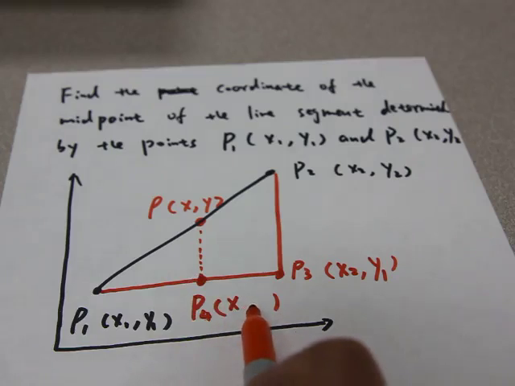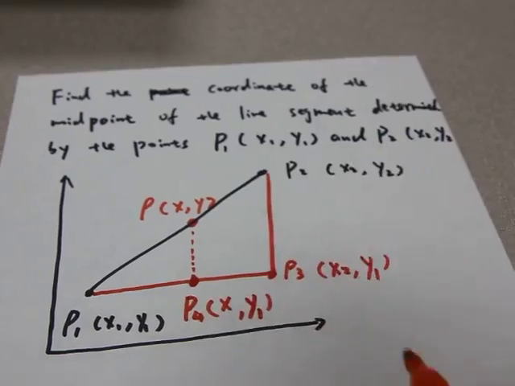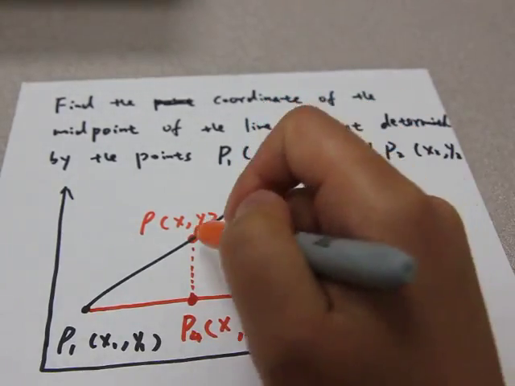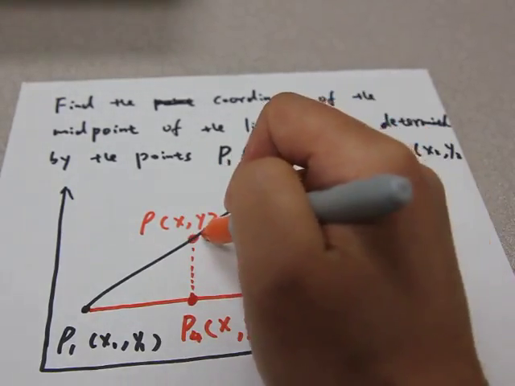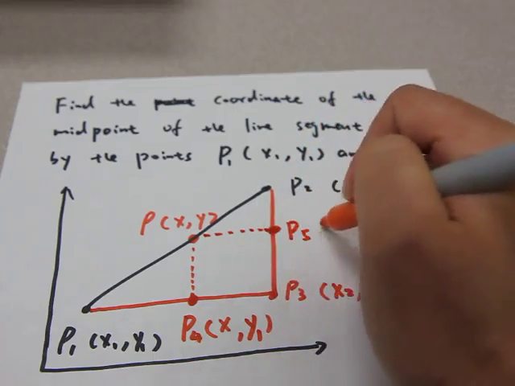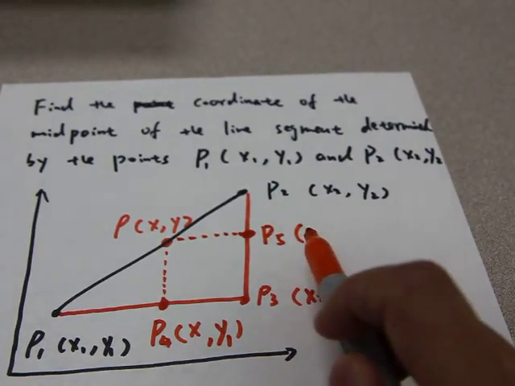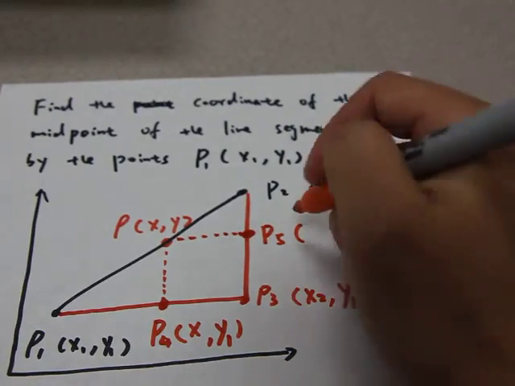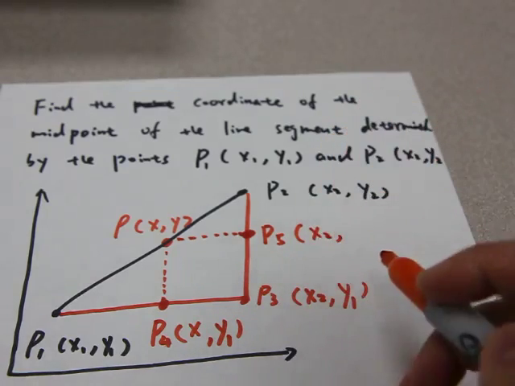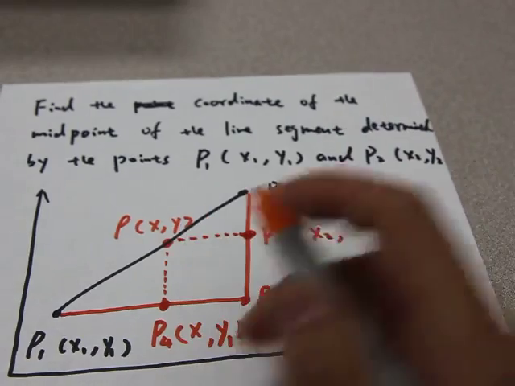And the y-coordinate of P4 is y1. And next to the point P, we have a point P5. Now the x-coordinate of P5 is x2. And the y-coordinate of P5 is y.